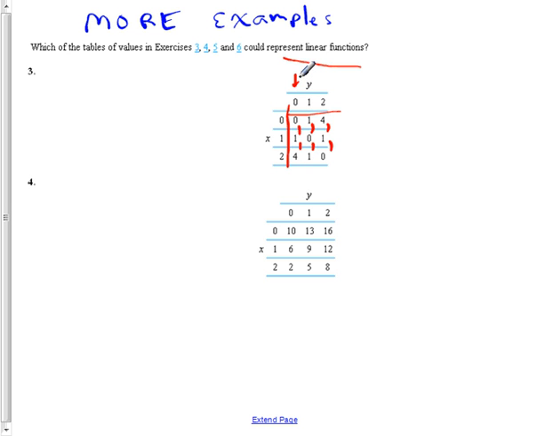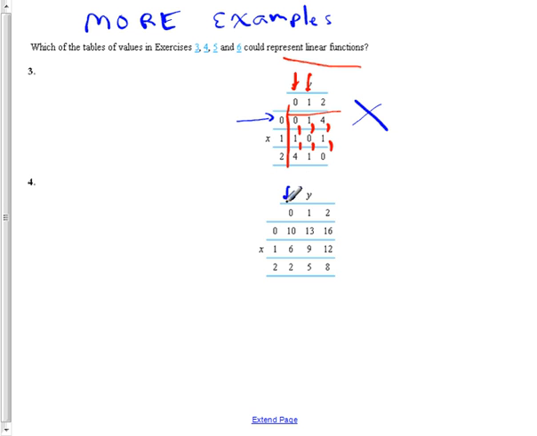If you fix the y value, so when y is 0, my x values are not changing by the same amount. Fix y at 1, my x values are not changing by the same amount. And by the same accord, if we fix our x values, let x be 0, my y value increases by 1, increases by 3. So this one is not linear.